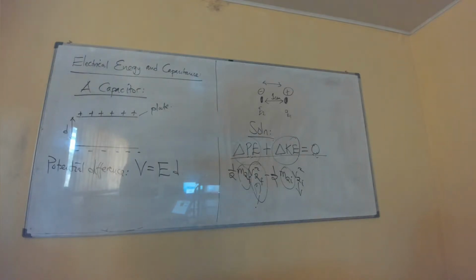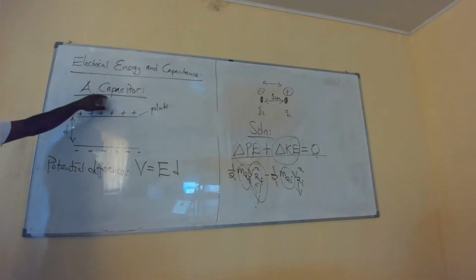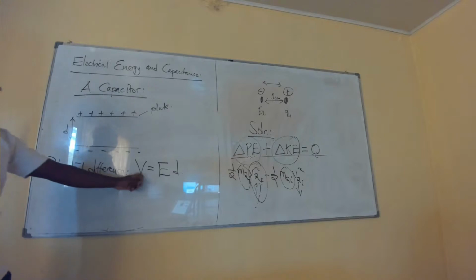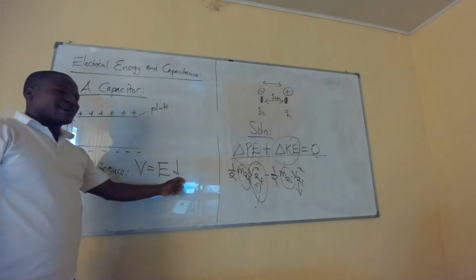And we have our potential difference. Okay, so we are saying, what about the charge that is stored here? Because we have agreed to say the capacitor actually stores charge. Now, how do we calculate that charge which is stored by a capacitor? In simple terms, we have the potential difference, which is the electric field multiplied by the distance.